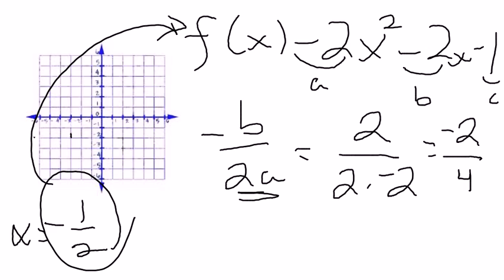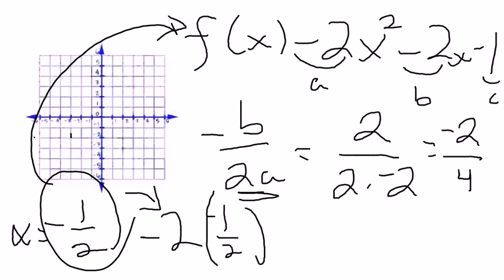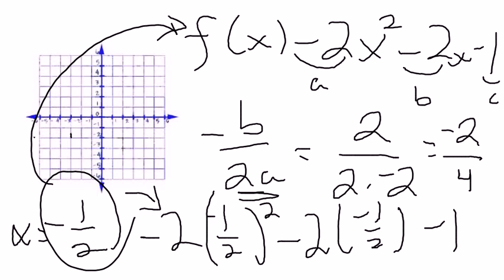So we take that negative 1/2 and we just plug it in. Negative 2 times negative 1/2 squared, minus 2 times x, substitute the negative 1/2 again, minus 1. So there you go. Negative 1/2 squared is negative 1/2 times negative 1/2, which is a positive 1/4.